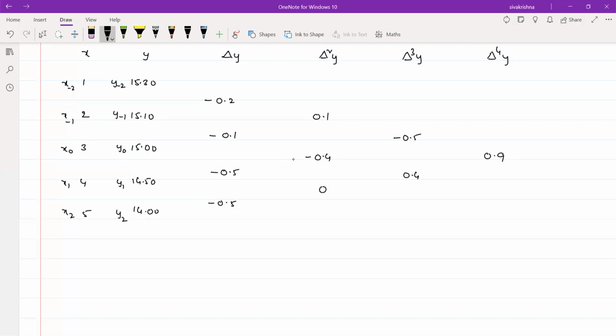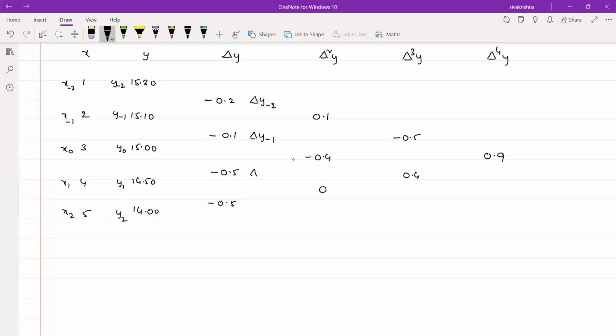Coming to the first differences, the first one is delta y sub x minus 2, because the first value in y is y sub x minus 2. The second value of y is y sub x minus 1, so the second value in the first difference is delta y sub x minus 1.